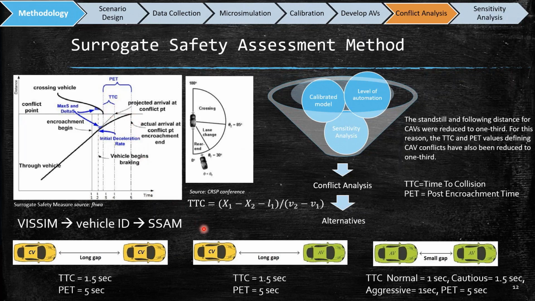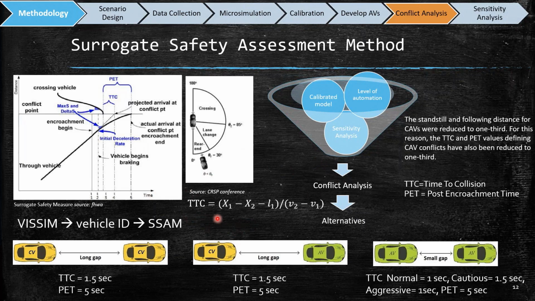But here we have the issue that SSAM does not have a built-in function to identify conflicts by vehicle type, and we have AVs here. We cannot consider a constant maximum value for the TTC to evaluate the conflicts because it can give you unacceptable results. But SSAM provides in its results the vehicle IDs within that range.